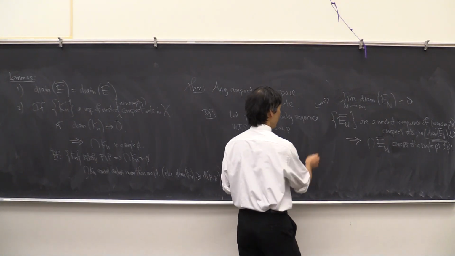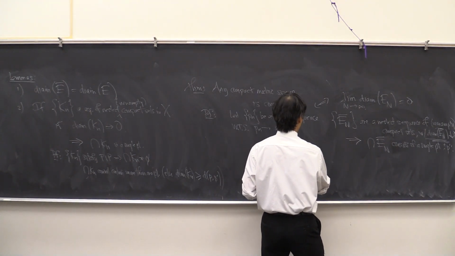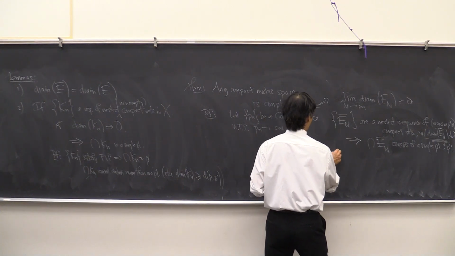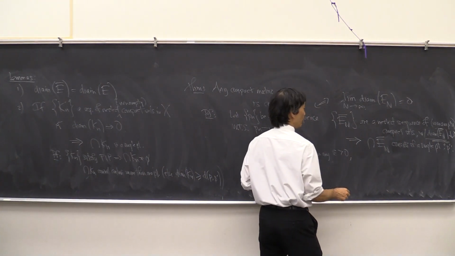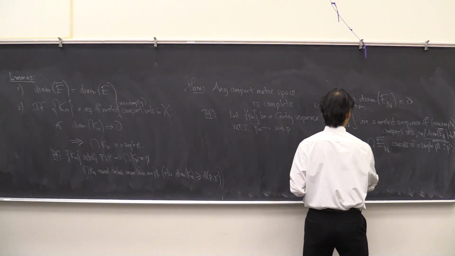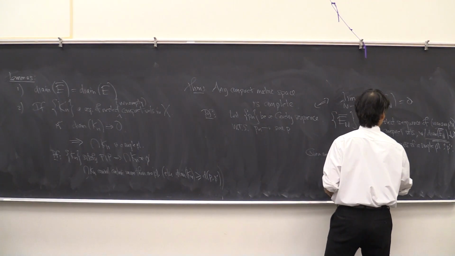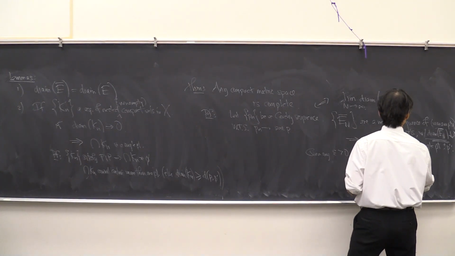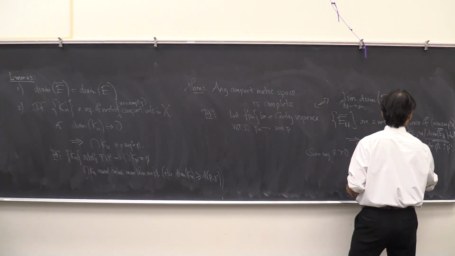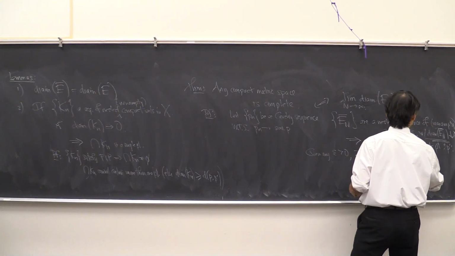And so then, given any epsilon, we know that there exists an N such that if you're past there, then the diameter of the closure of the tail is smaller than epsilon.